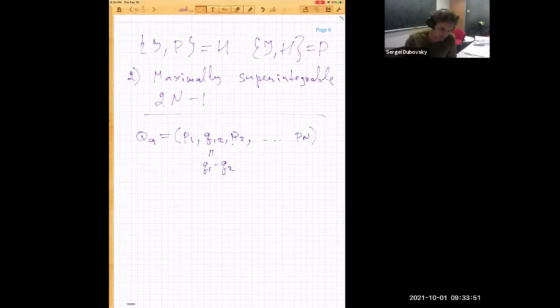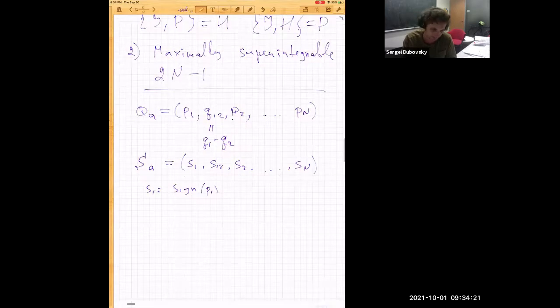So I introduce this string of variables, and then it's also natural to introduce a string of signs corresponding to the signs of all these variables. So it's S1, where S1 is just the sign of P1, and then there is S12, S2, etc.